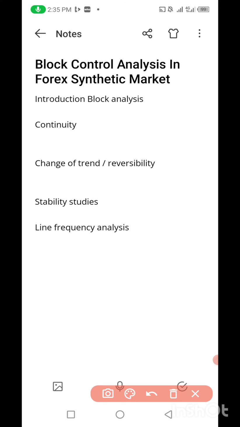So this thing is mostly studied using a line frequency chart, and you will appreciate the use of this in stability analysis in the market. Because when there is a breakout and the market creates a fake out, we will say that the breakout is not stable.